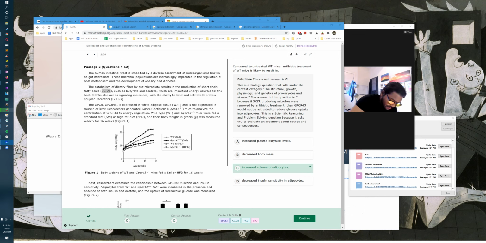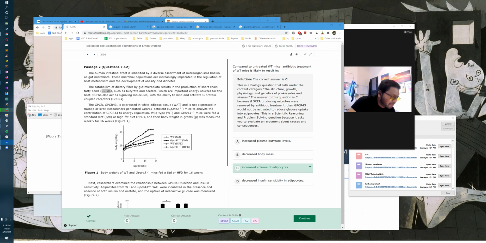We can draw this better. Wild type standard diet body weight is less than wild type high fat diet body weight. And then I'm going to compare the GPCR mutants and it's pretty much the same thing. GPCR mutant, standard diet.